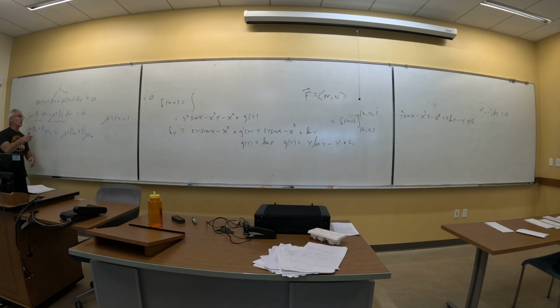And those will only be equal if this exists. So I said, let's start this problem by assuming that these guys' cross partials are not equal, but there exists an integrating factor, call it mu. So now this is the partial of this with respect to x, and this is the partial of this with respect to y, so now I'm doing the cross partials down here.